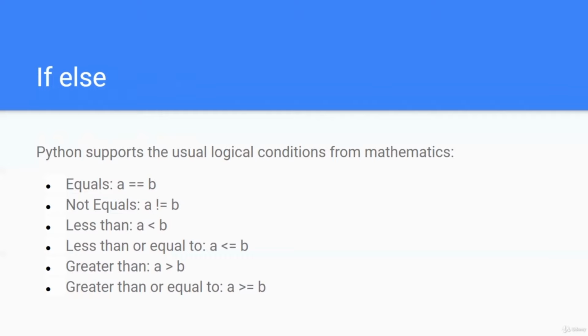If we want to test whether they are equal, we will have a condition whether A equals B, so we'll write if A equals B. Second, if we want to see that A and B are not equal, we can write A is not equal to B. Third, A less than B, next A less than or equal to B, A greater than B, or A greater than or equal to B. These are the test conditions between two variables.